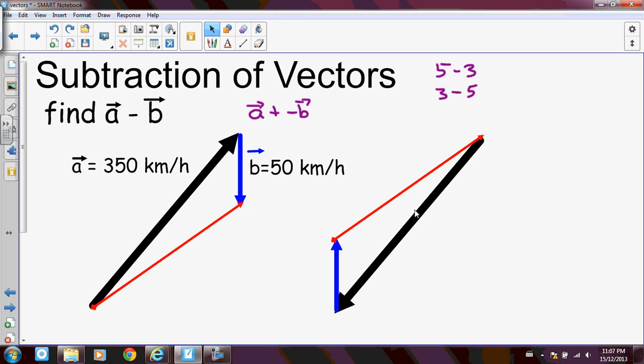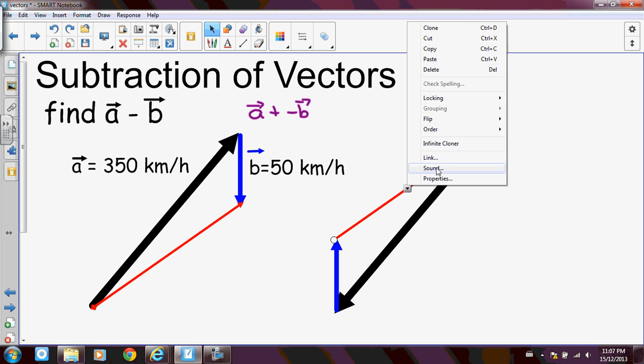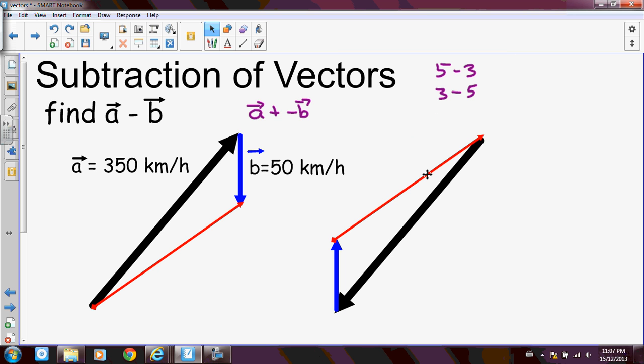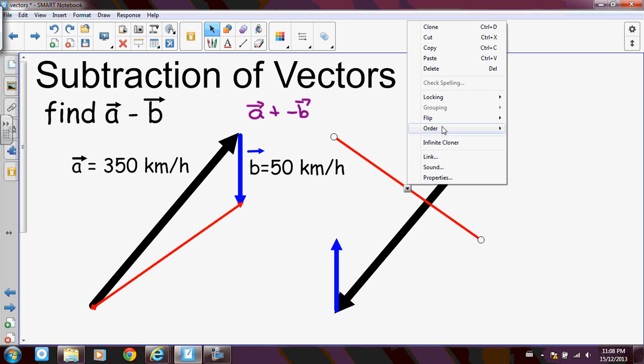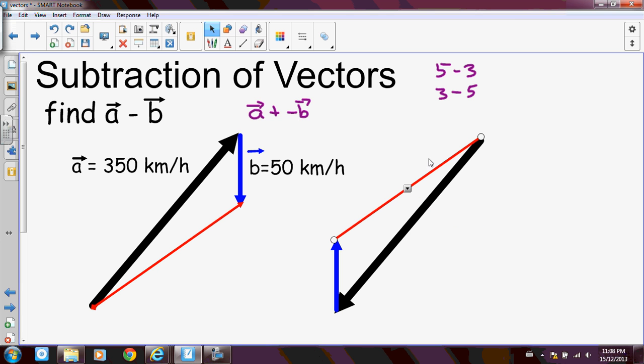It looks pretty similar, except of course this one's drawn from the head of B to the tail of the black one. What I actually need to do with it is draw it from the tail of the black one to the head of the blue.